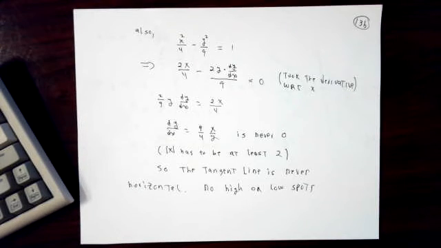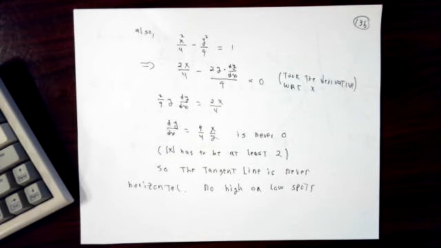I can figure something else about this graph out too. Take the original equation, x squared over 4 minus y squared over 9 equals 1, and I'm going to do implicit differentiation on it. I'm going to differentiate with respect to x.